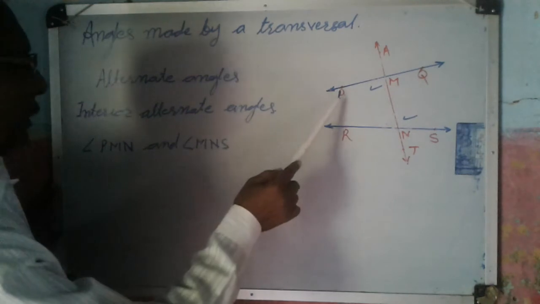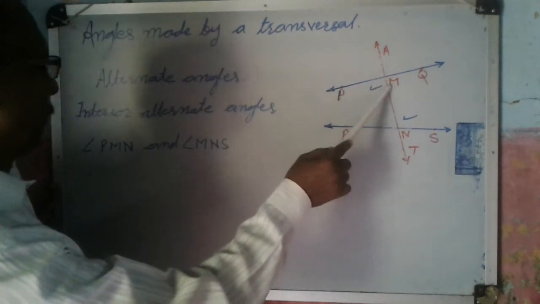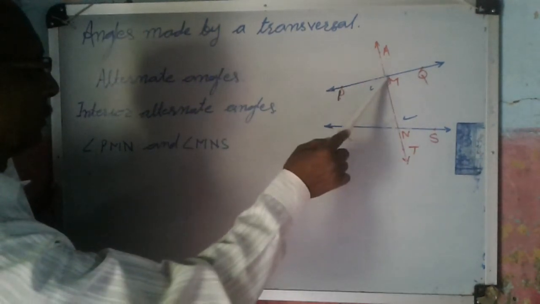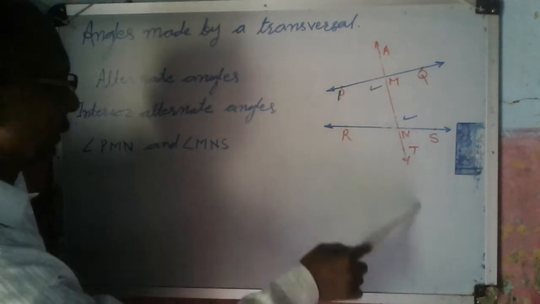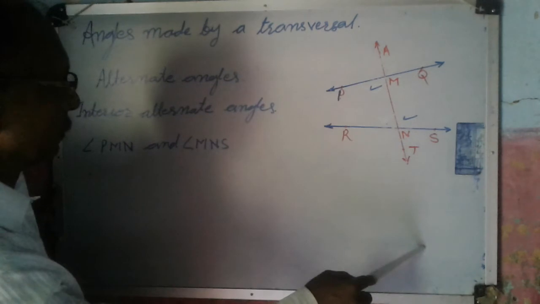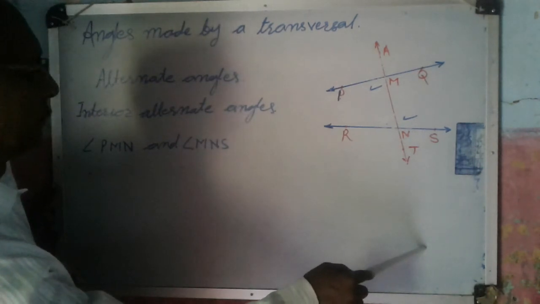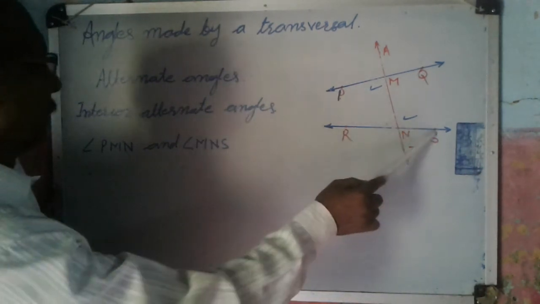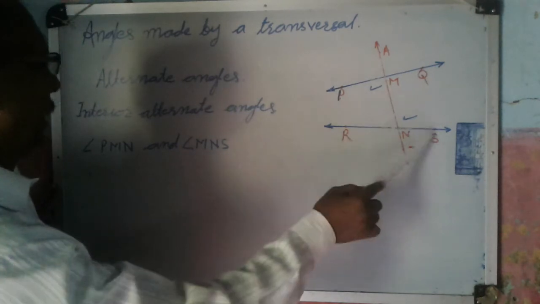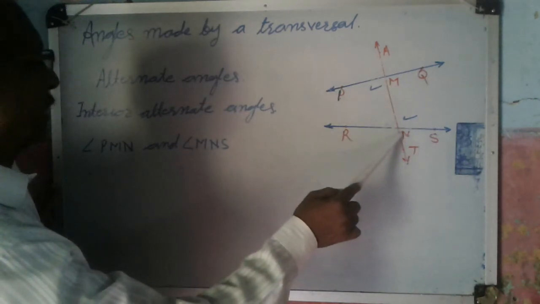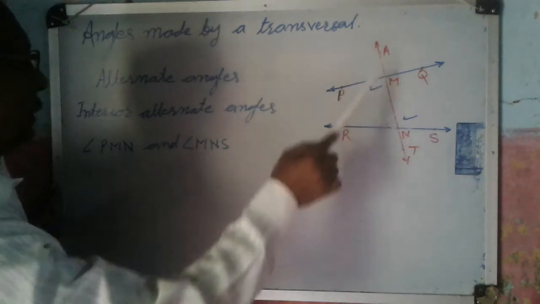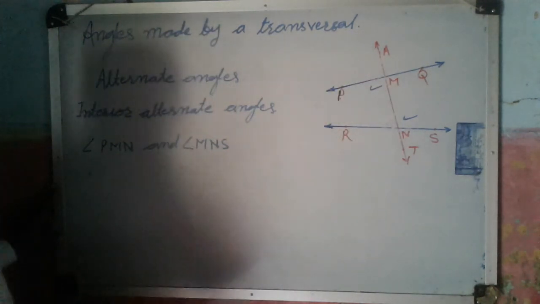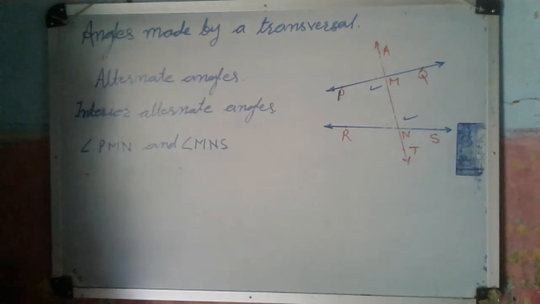In angle PMN, the arm on the transversal is showing this direction, that means lower side. In the second angle MNS, the arm on the transversal is showing this direction. These are opposite directions, and therefore such a pair is called interior alternate angles.